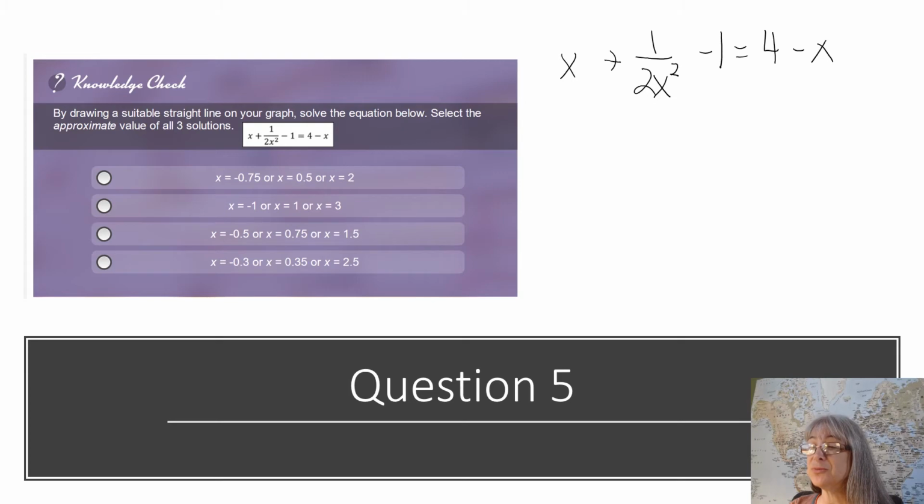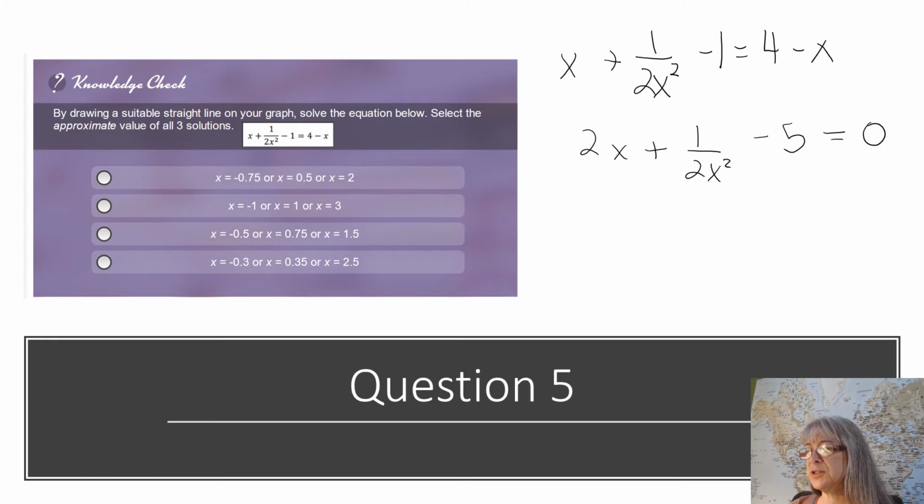Now I might rearrange this a little bit so that I could have some substitution. So if I move my x over here, I would get my 2x plus 1/2x squared. And then I'm actually going to move my 4 over to get a -5. And I'm going to set that equal to 0.